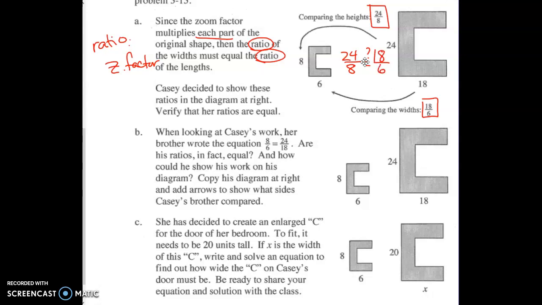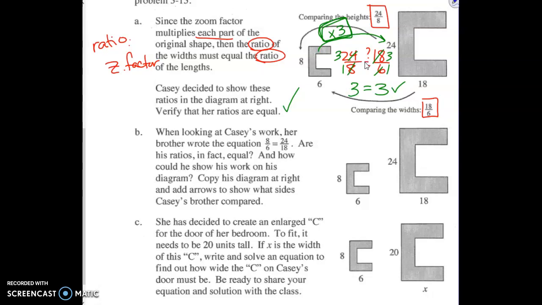If we reduce and simplify, we see that they both equal 3. So they are the same. Verify that her ratios are equal. So in this case, going from the small one to the big one, we see a zoom factor of 3. That's one way to reference this.